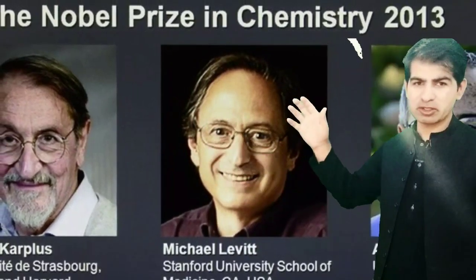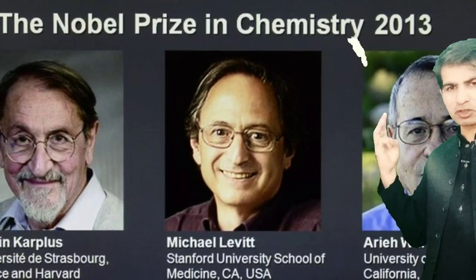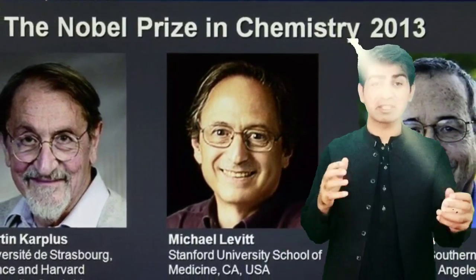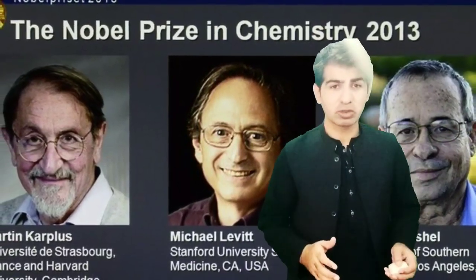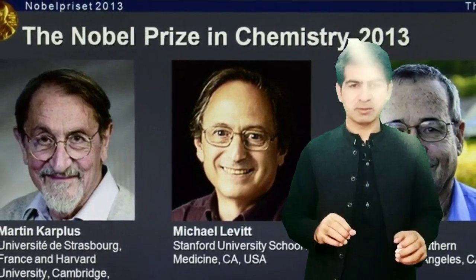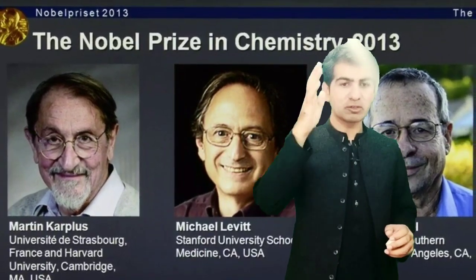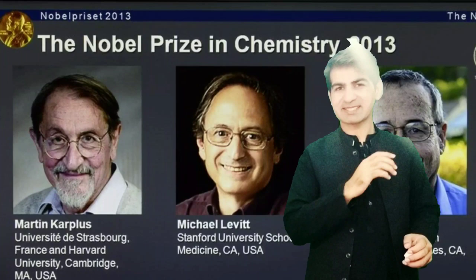So these are the three scientists I told you about: Martin Karplus, Michael Levitt and Arieh Warshel. They got the Nobel Prize in Chemistry in 2013, awarded for the development of multiscale models for complex systems.